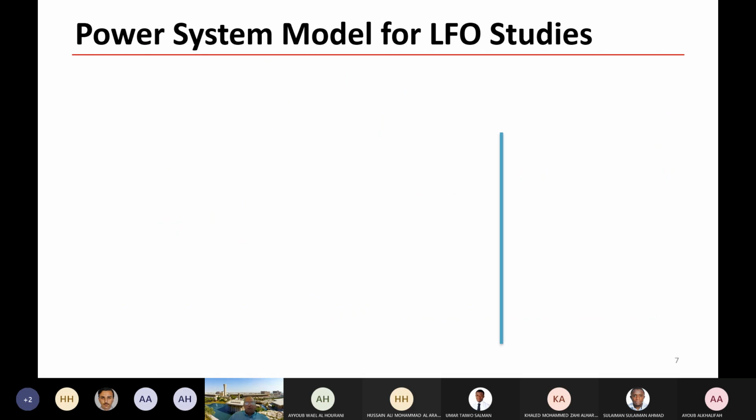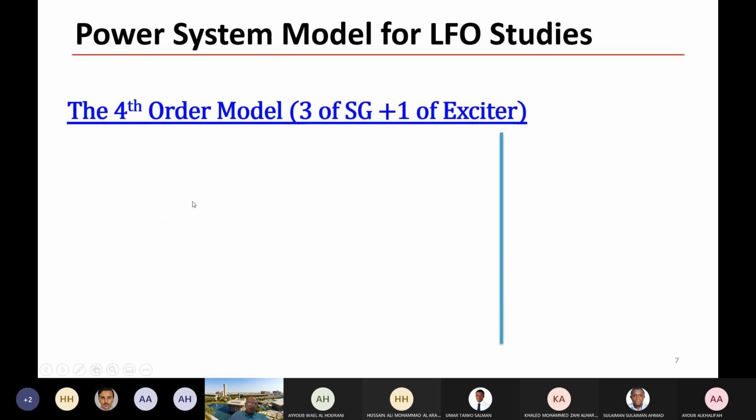Okay, so let me remind you of the model that we will consider in this study. We have the fourth order model, 3 for the synchronous machine and 1 for the exciter. And you have omega dot equal to 1 over M, where M equals 2H, as we pointed out earlier.